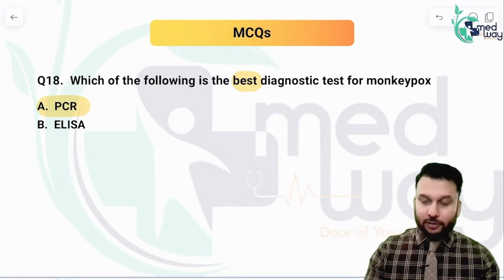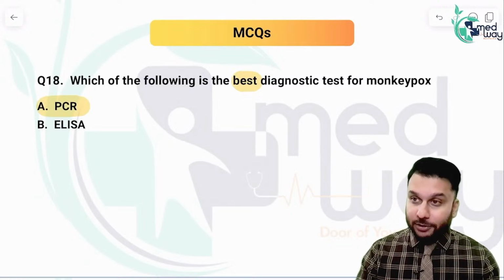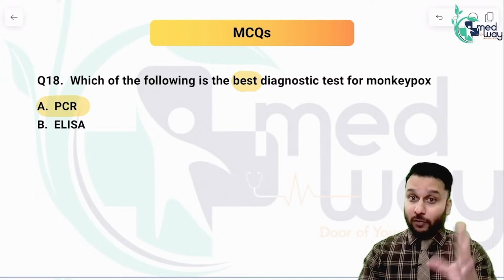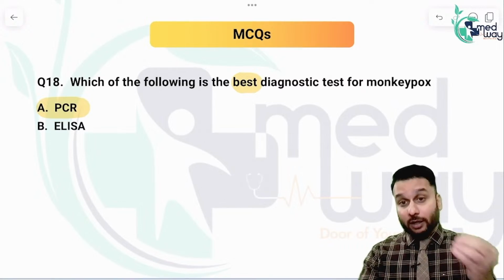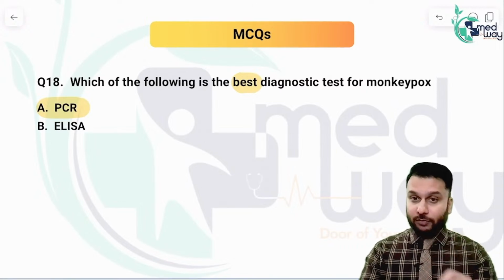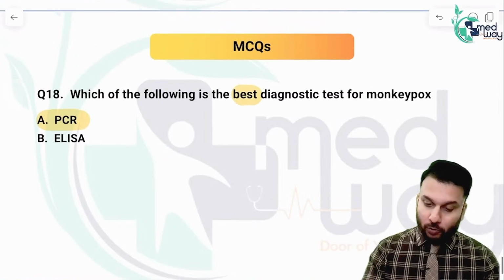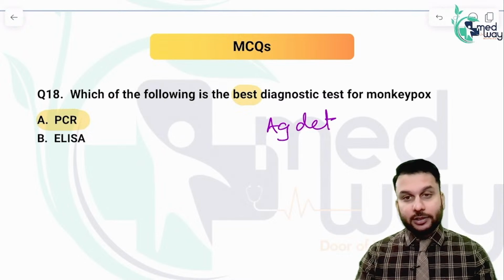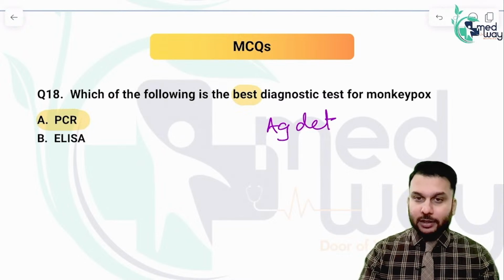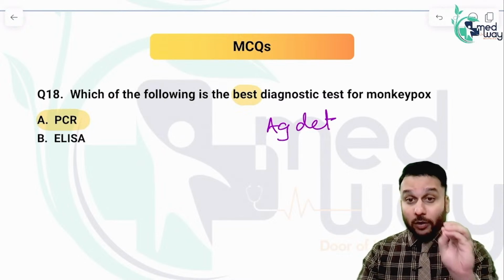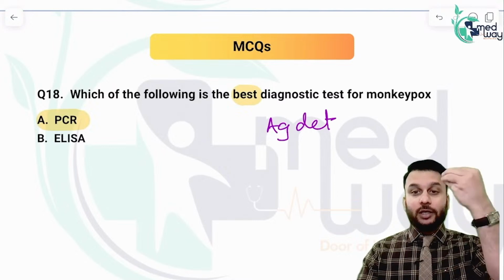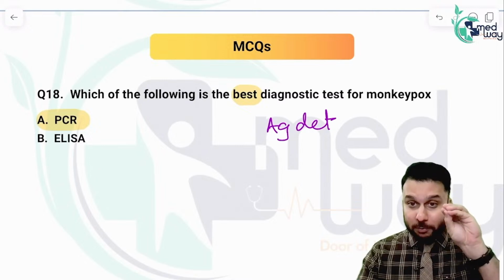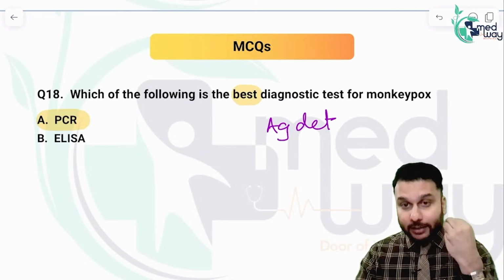One more concept I'll give you right here. If they ask for early detection of something, let's say within 1 week, if they say early diagnosis within 1 week, then you should go with antigen detection. What is an antigen? An antigen is a part of the organism, the enemy. When an infectious organism enters our body, those body parts of the organism are called antigens.